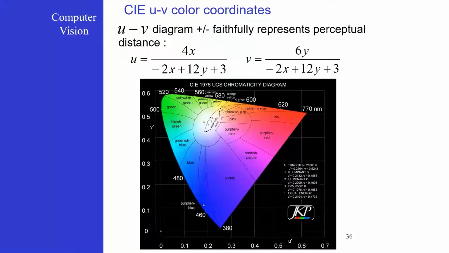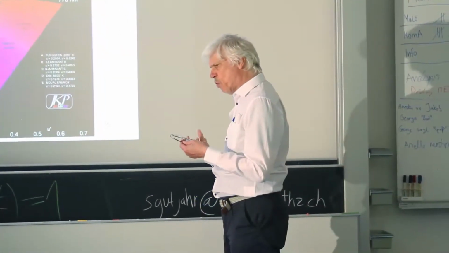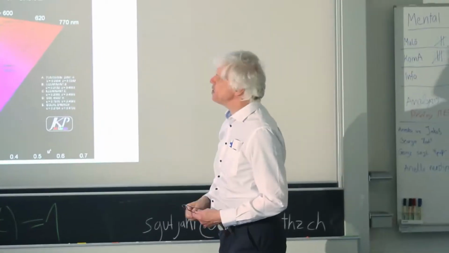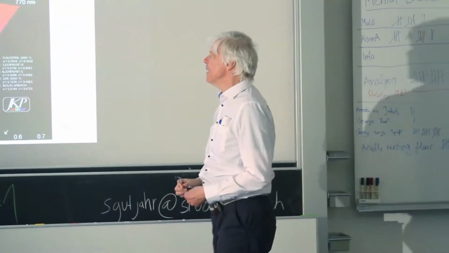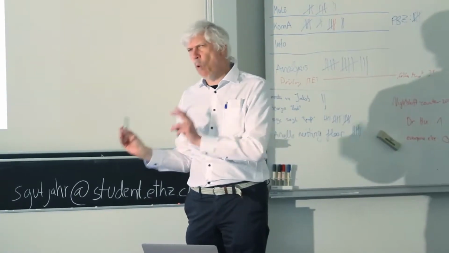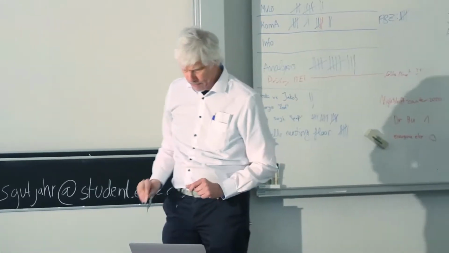And in this space, typically the same distance, measured in the space, corresponds much better to the same perceptual differences of colors, although again not perfect. But often when it comes to perceptual differences, when you try to optimize something for human observers, this chromaticity space can, for that reason, be a better space to work in, because distance tends to mean more in this space.